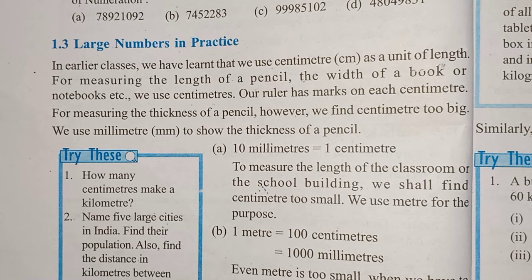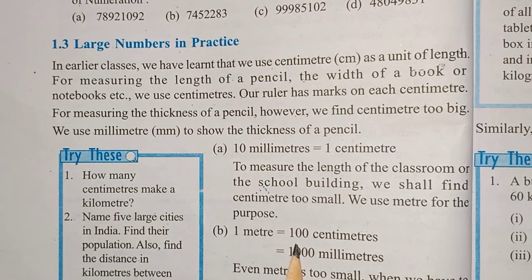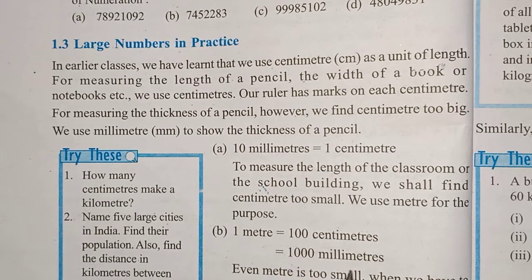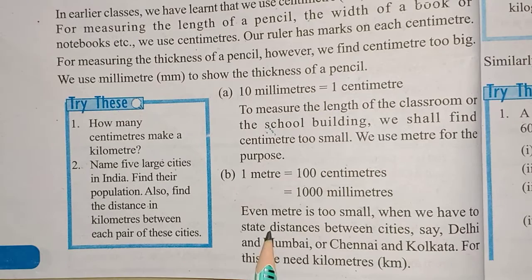We can measure it with the ruler, but it is a very lengthy process. So we don't use centimeter for it. We use meter as the unit to measure the length of big objects. 1 meter is equal to 100 centimeter, which is also equal to 1000 millimeters.